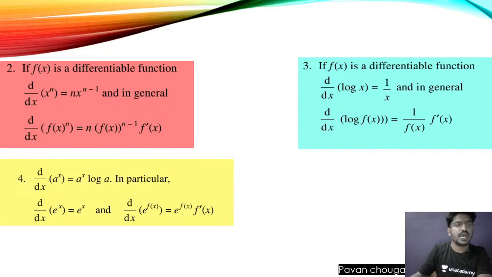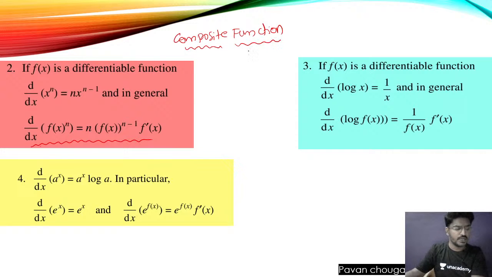So here they have given the formula for the derivative of a composite function. Clear? How to differentiate this composite function? That means d by dx of f of x to the power of n.